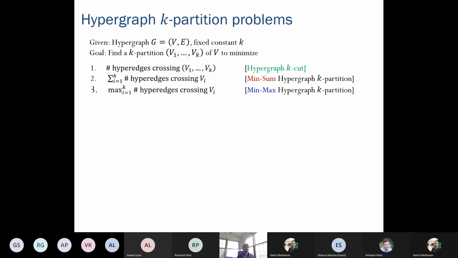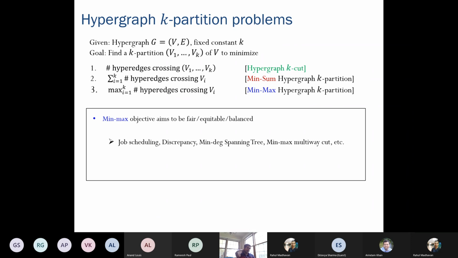Good question. Okay, so let me make the remarks right away. Firstly, if the input hypergraph is in fact a graph, then the second objective will be exactly twice the first objective, because each edge can cross exactly two parts.